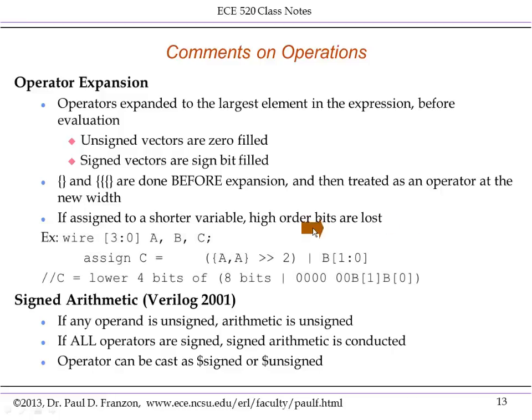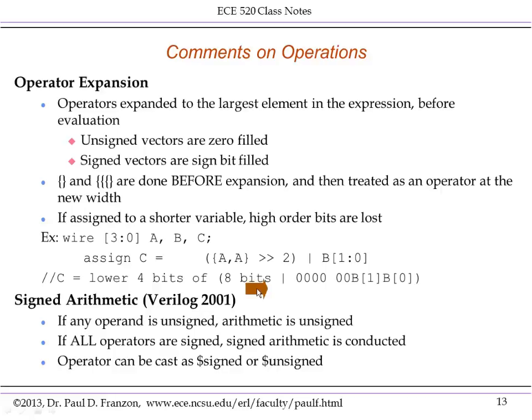So here's an example. I have three 4-bit vectors. I'm assigning C to A, concatenated with itself, shifted right 2, or with the bottom 2 bits of B. Well, first we'll look at the concatenation. After concatenation, we have an 8-bit result. That's the longest vector here on the right-hand side.